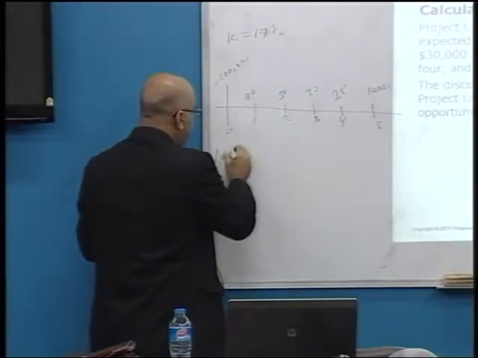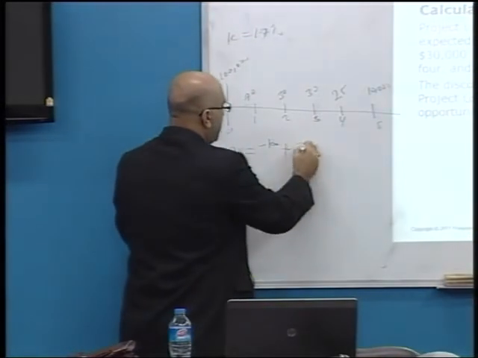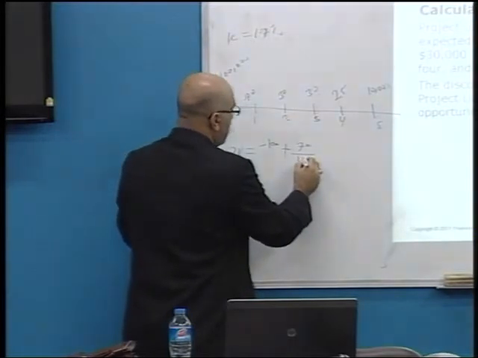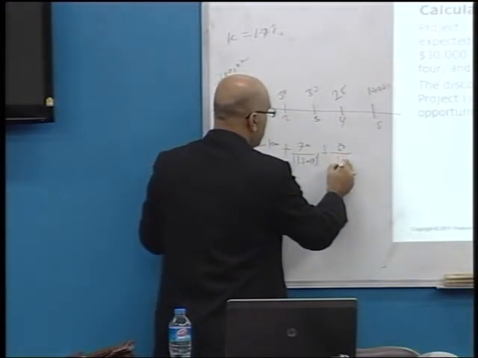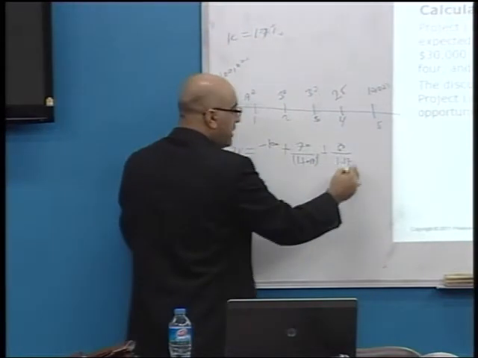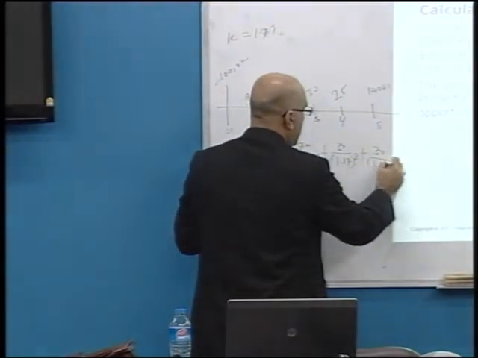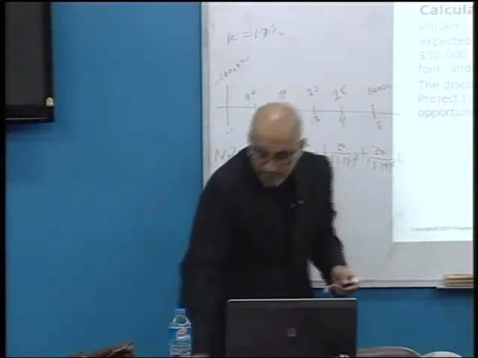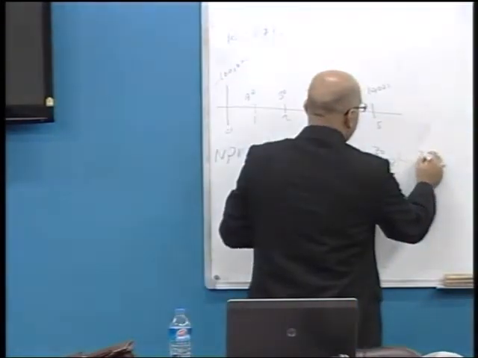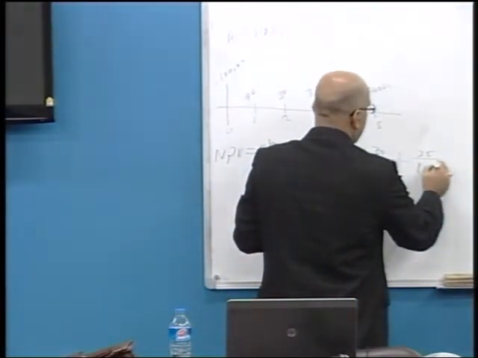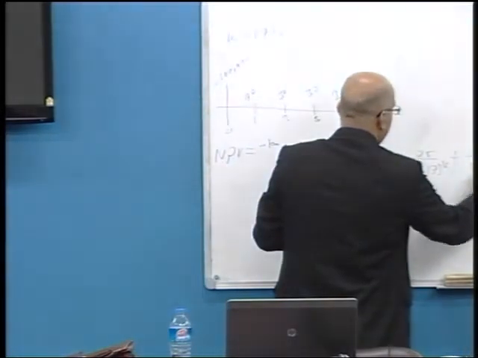So the net present value is equal to minus 100,000 plus 70 divided by 1 plus 0.17 raised to the power 1, then 30 divided by 1.17 raised to the power 2, 30 divided by 1.17 raised to the power 3, plus 25 divided by 1.17 raised to the power 4, and the last one is 10 divided by 1.17 raised to the power 5.